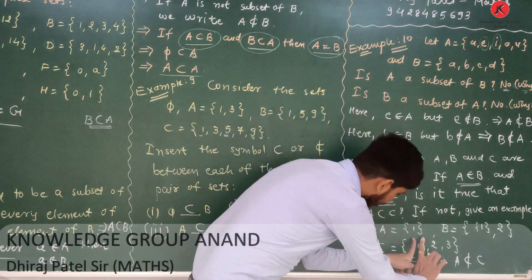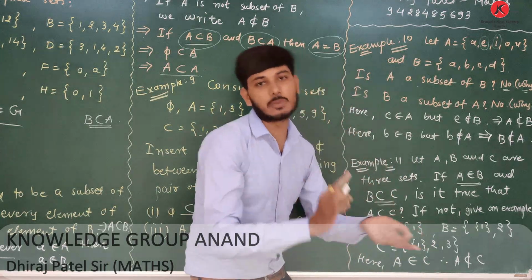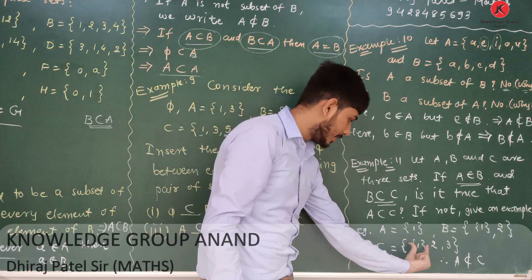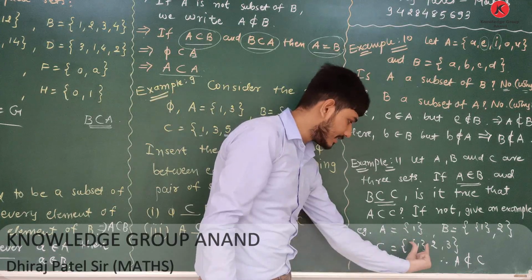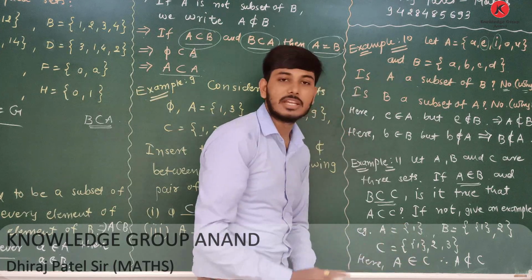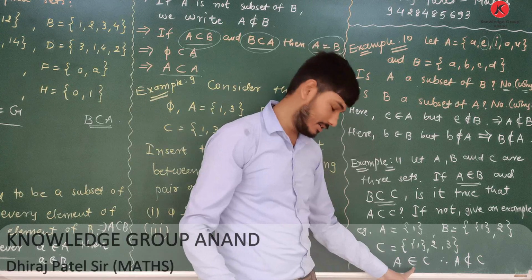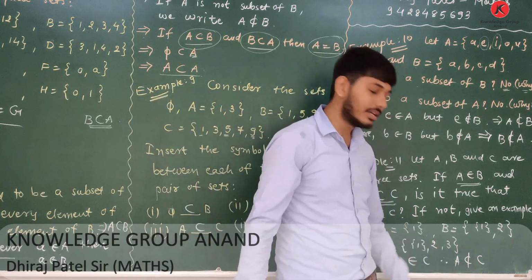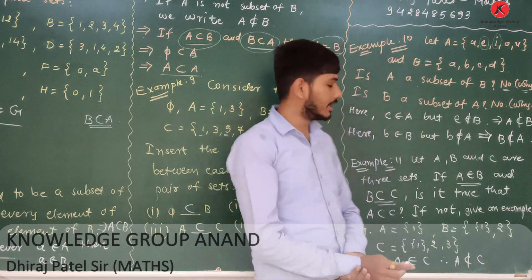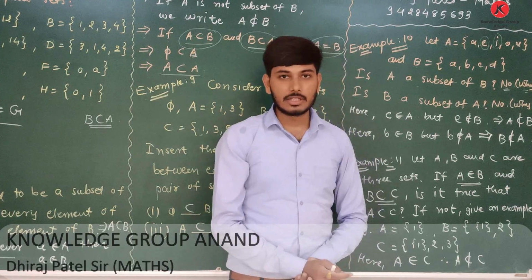If the curly bracket were not there, then we could say A is a subset of C. But here the curly bracket is there, therefore this is an element of set C, and this one is the set A. So A belongs to C, we can say it, but we can't say A is a subset of C. The right answer is A is not a subset of C, with a proper example. Okay, thank you so much.